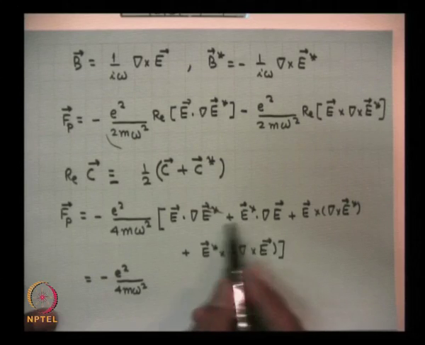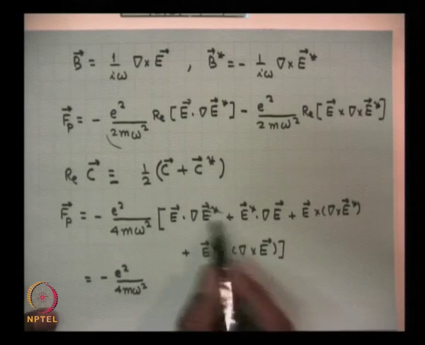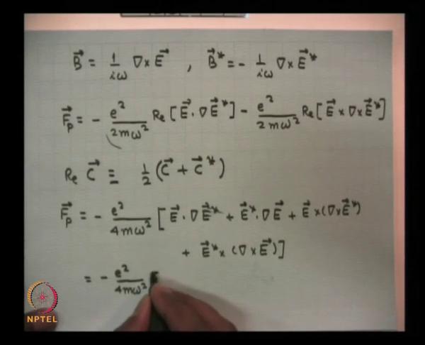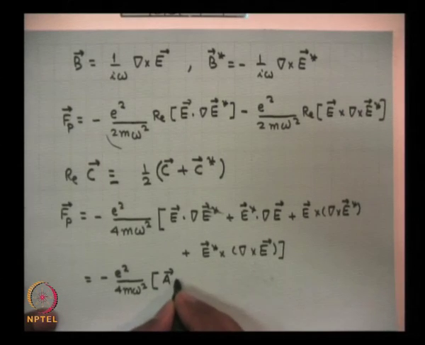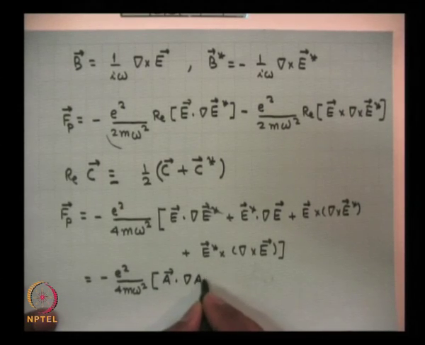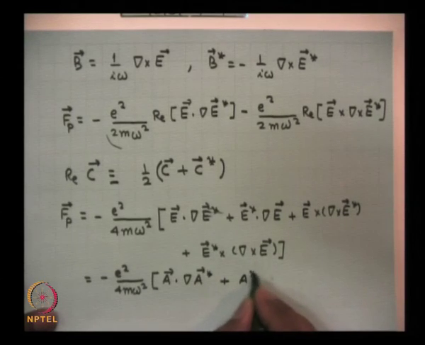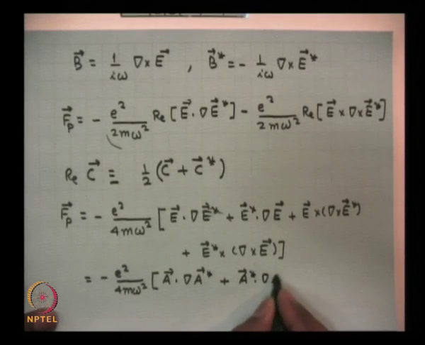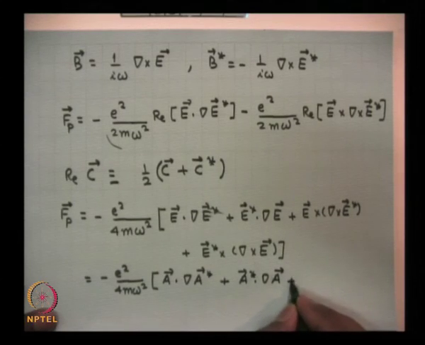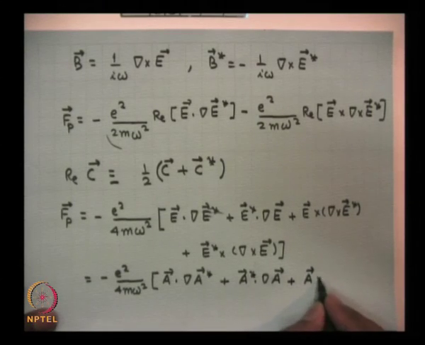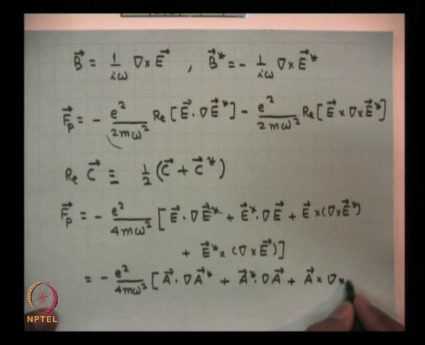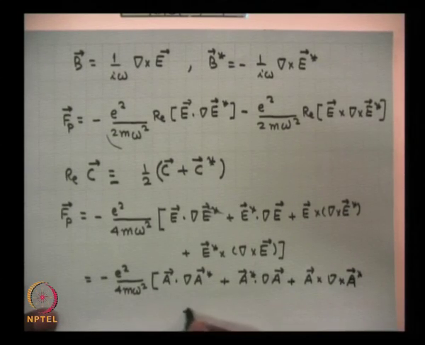All the exponential factors will cancel out because they are complex conjugate terms, and they will be simply A dot del A star plus A star dot del A plus A cross curl of A star plus A star cross curl of A.